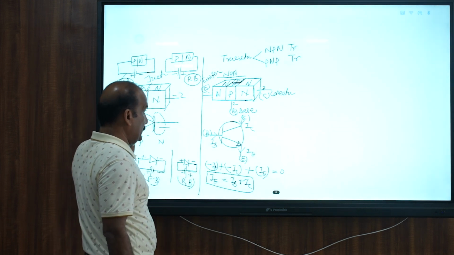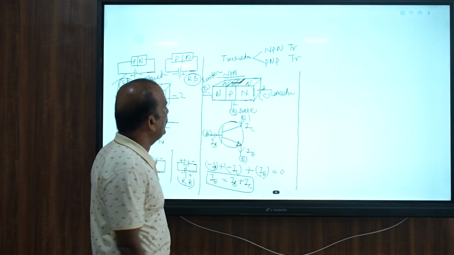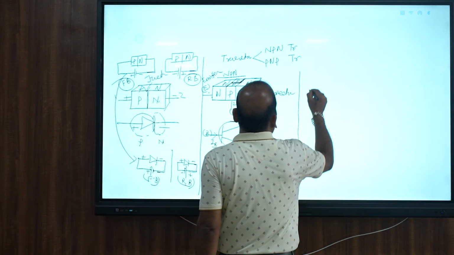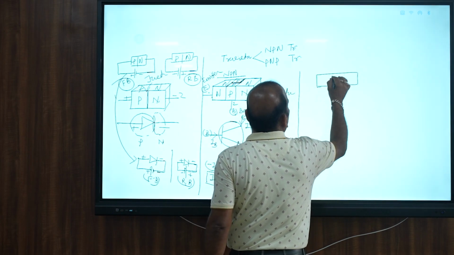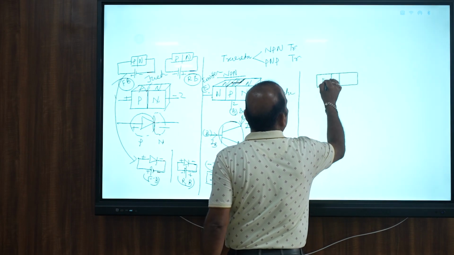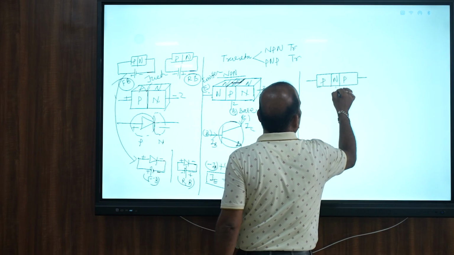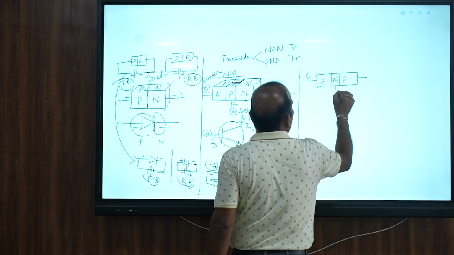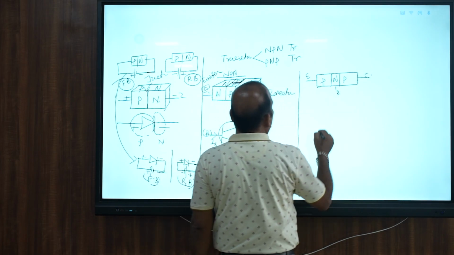Now if we go to the PNP transistor, it will be like this. PNP has three terminals: one is emitter, another is base, another is collector.